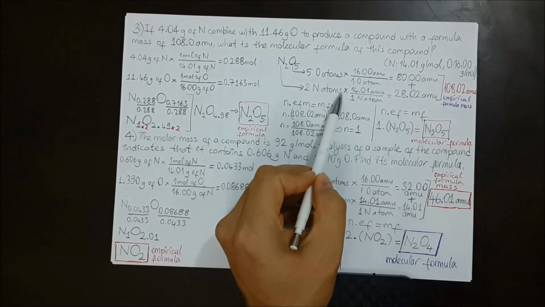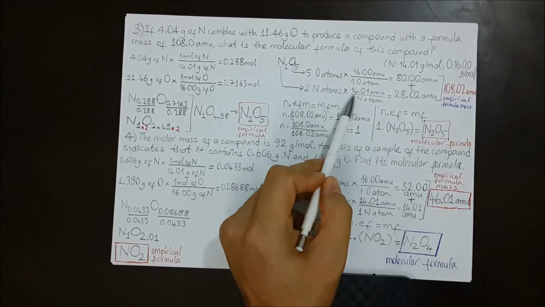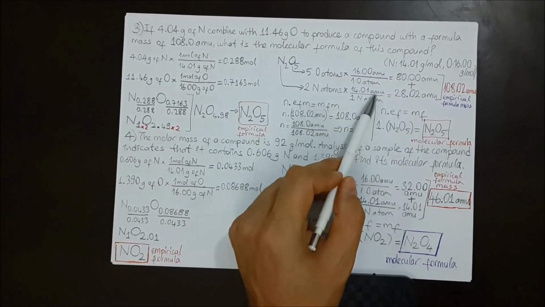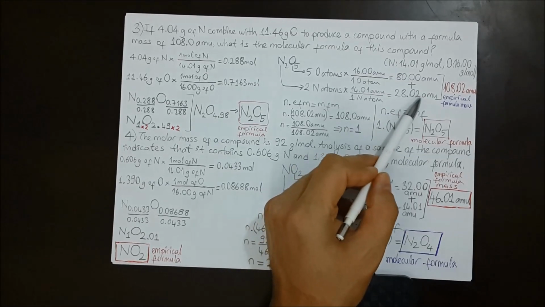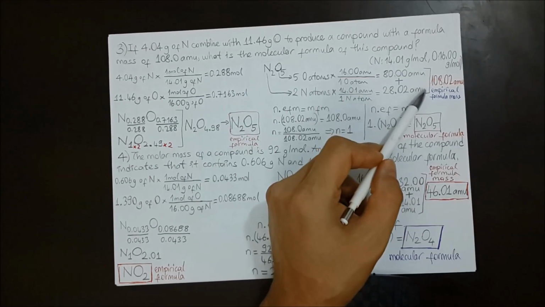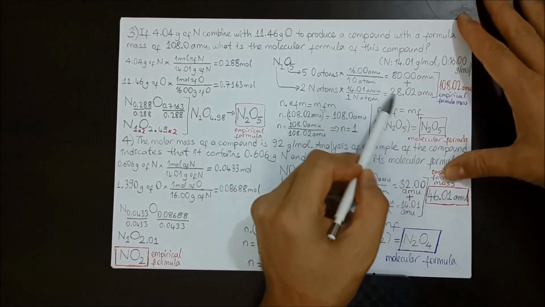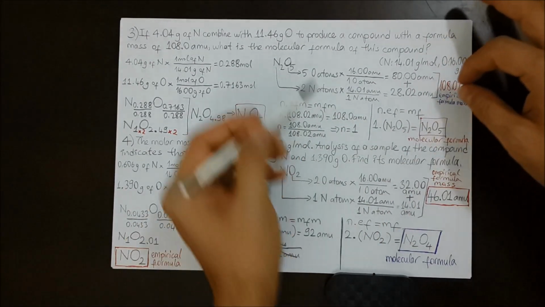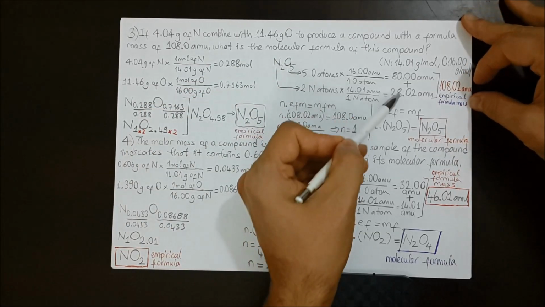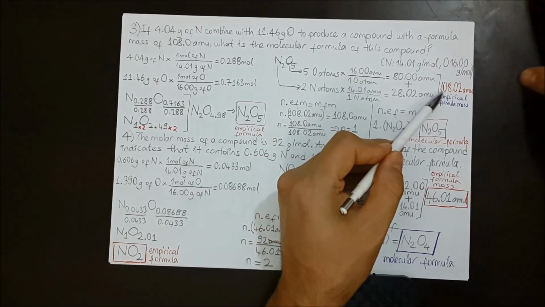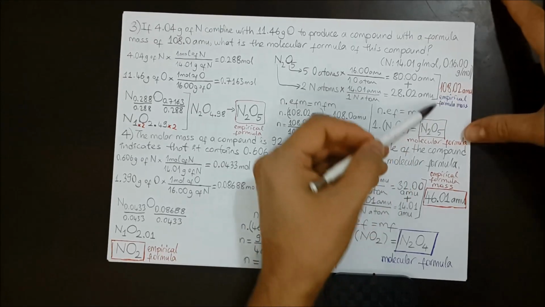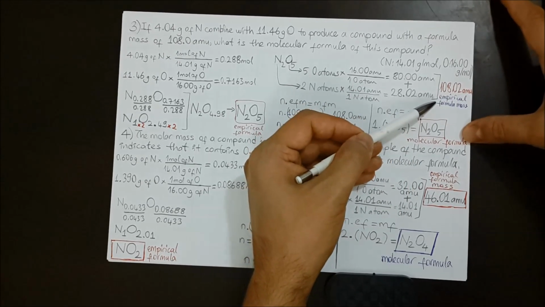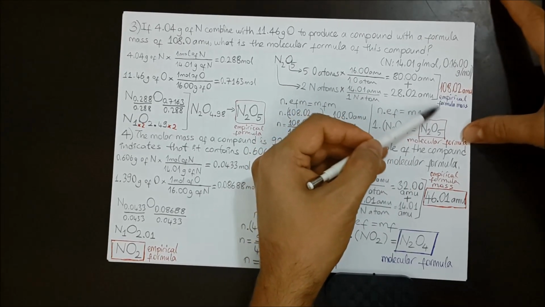Nitrogen atoms can be simplified. 2 times 14.01 AMU makes 28.02 AMU. You're going to sum these masses, they are the masses of each atom given in the formula. You're going to sum them to get this result, 108.02 AMU. This is the empirical formula mass of our empirical formula.